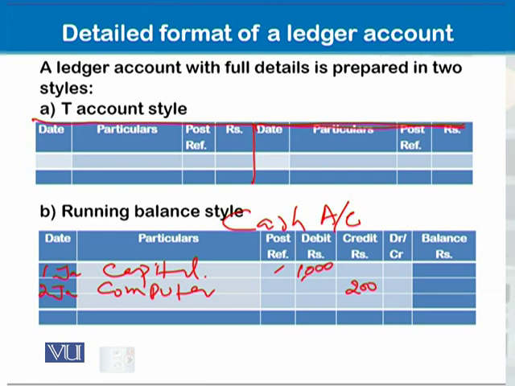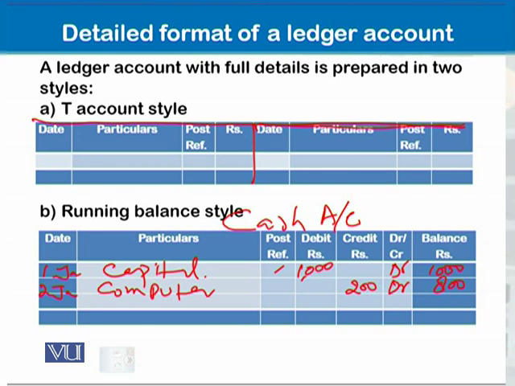So on 1st of January, we have a debit balance of 1,000, and on 2nd of January, after making a payment of 200 from this 1,000, we again have a debit balance, but it has been reduced to 800.